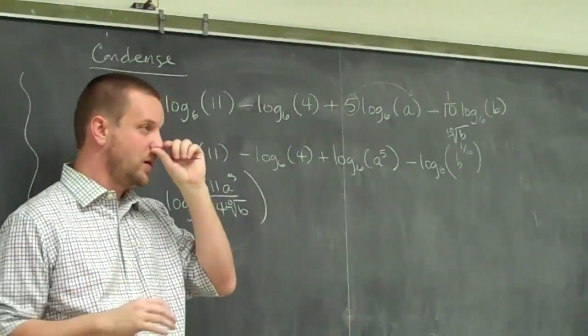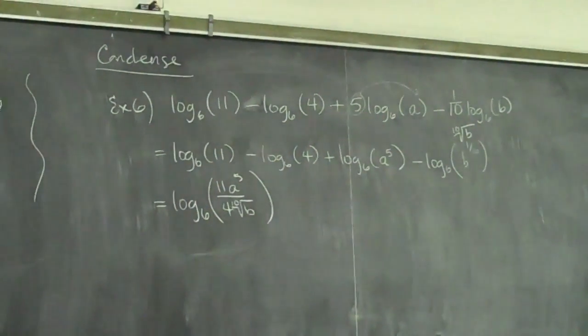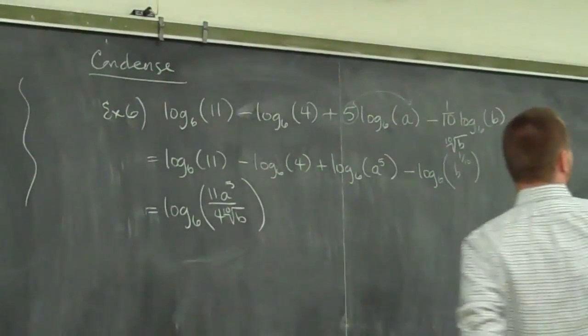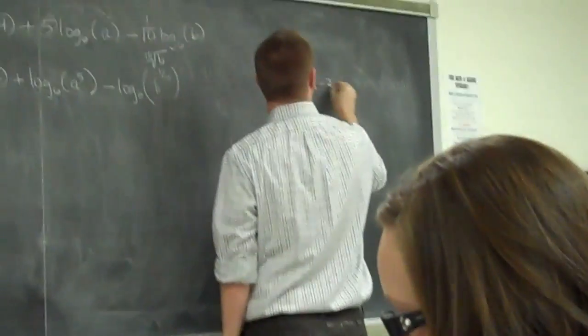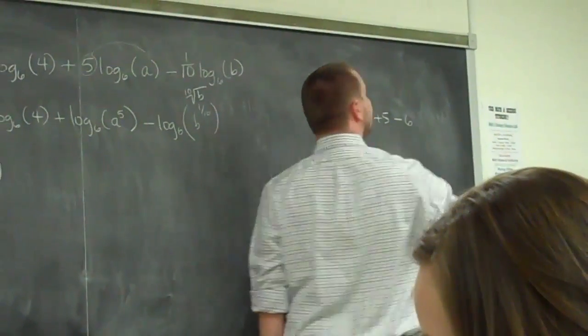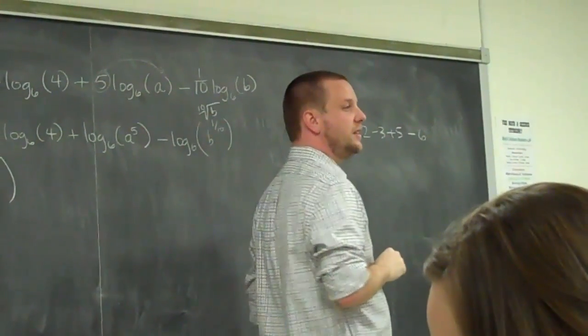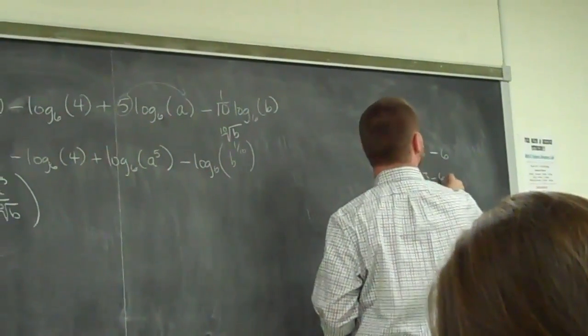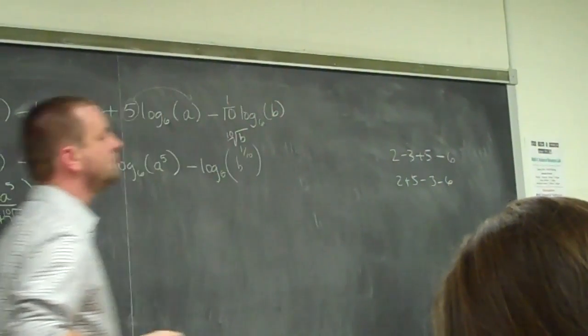It doesn't even have to be in order. I don't want to write out the whole thing, but suppose I had 10 minus 3 plus 5 minus 6. Something like that, Tara? Yeah, you can switch. 10 plus 5 minus 3 minus 6. Yeah, same thing.